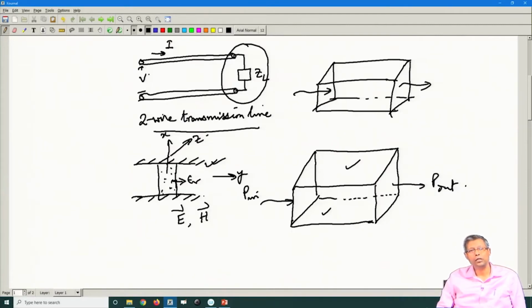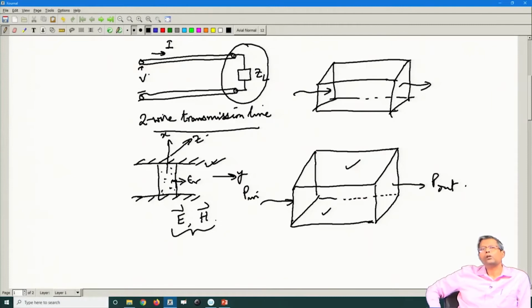One is the instantaneous form, where time plays a distinct role, and the other is the time harmonic form, which we are going to cover later. So, let us go into the instantaneous form of Maxwell's equations, and how E and H are linked together. That is our prime concern here.